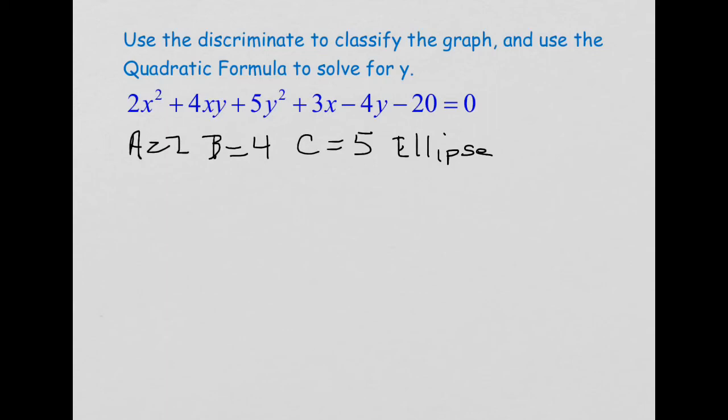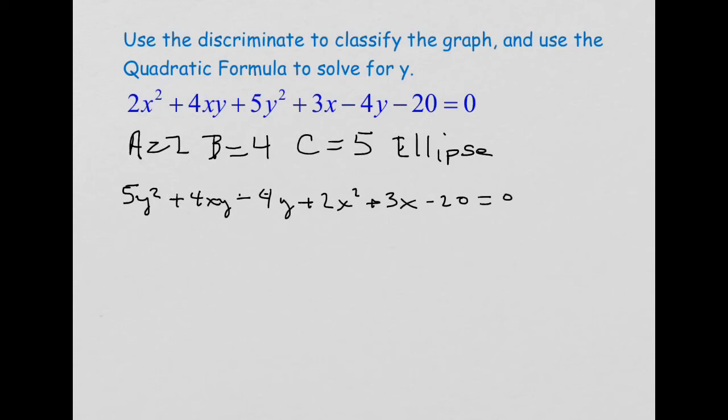Now to solve for y, we have to do something a little different. We have to put it in order with the y squared term first, so that's 5y squared. Then we put the xy and the y term, so that's plus 4xy minus 4y. And then we put everything else, which is the plus 2x squared plus the 3x minus 20 equals 0.